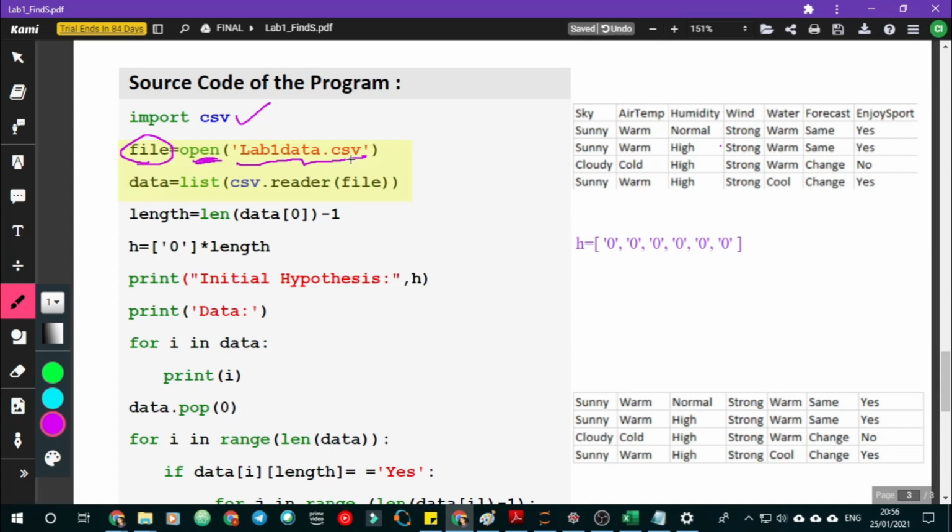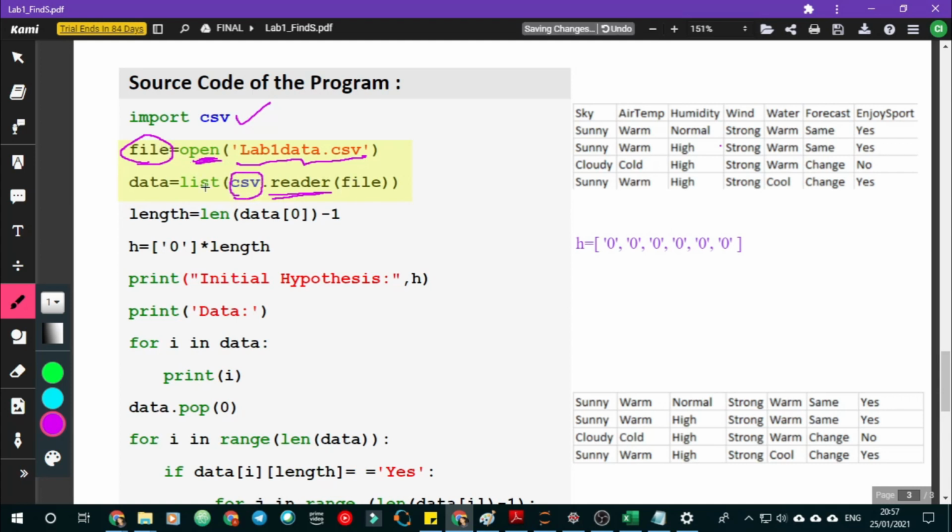This is a file handler which has all the information about this file lab1 data.csv, including the content, what kind of data it has, where the file has been stored, everything. And how do I access only the content stored inside the file? With the help of the reader method, which is stored within the csv module.